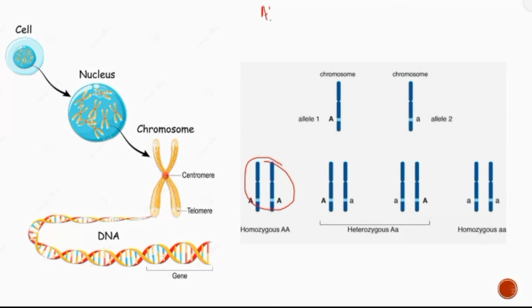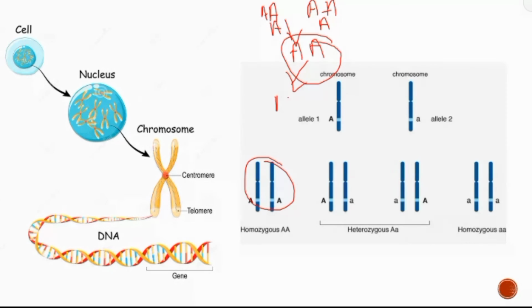If our parental generation is not heterozygous and both are homozygous only, then what will it produce? The zygote produced after the fusion of gametes from these parental strains will also be homozygous for both the alleles.